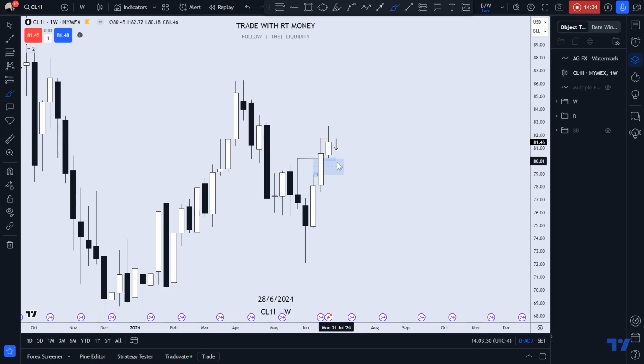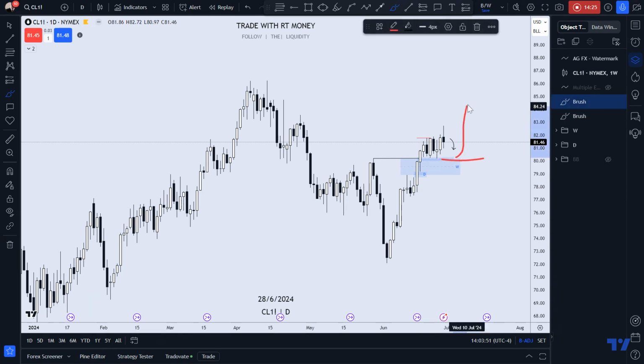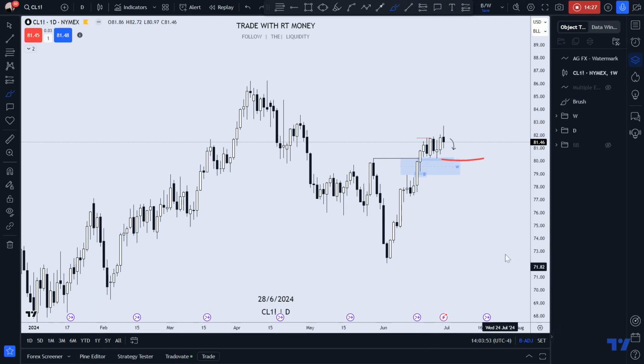So I'm looking for price to come back down, to come into that fair value gap, and then continue with higher prices. So maybe a day or two of bearish candles, and as soon as we hit the POI, I'm looking for price to go higher.